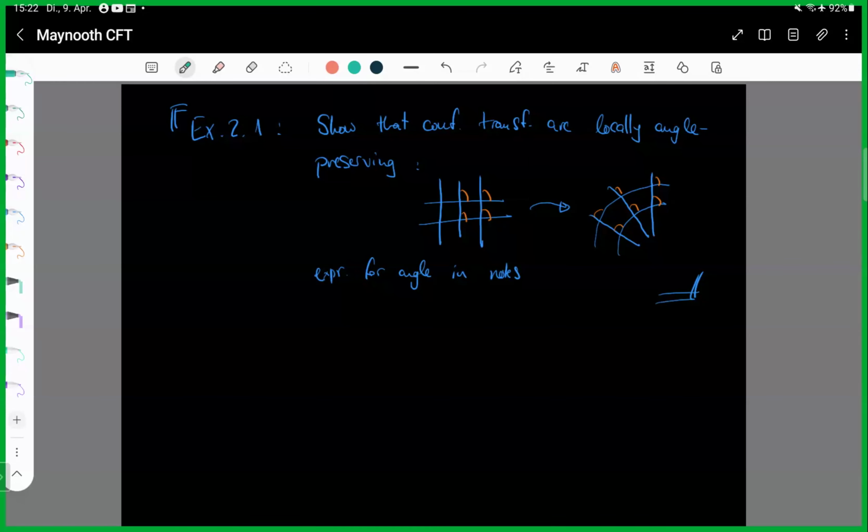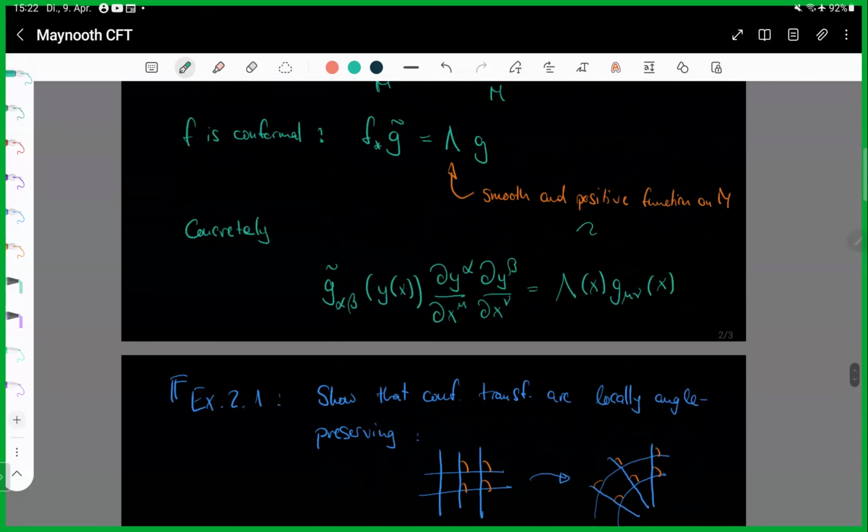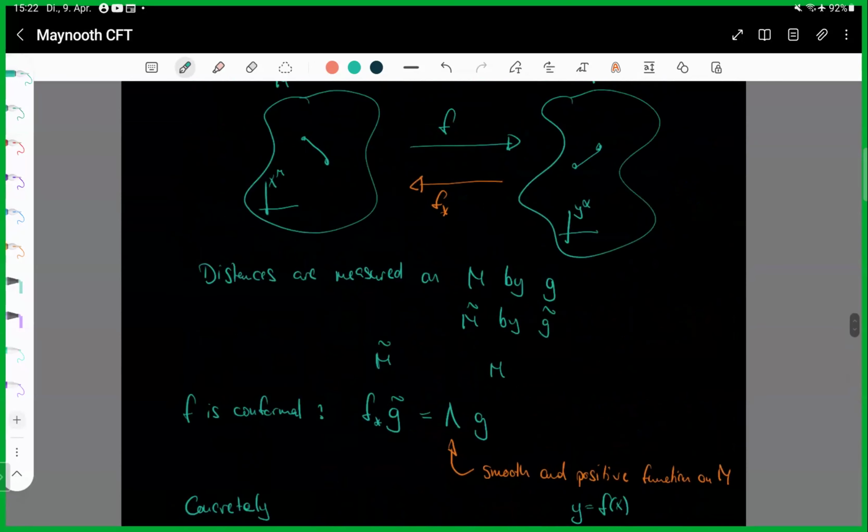Is there a question? Yes. How is the pullback related to the function f? Oh, thank you. Very good. So what we're going to do is declare y is the function f of x. So basically we're going to take these coordinates and declare them to be the function f of x.